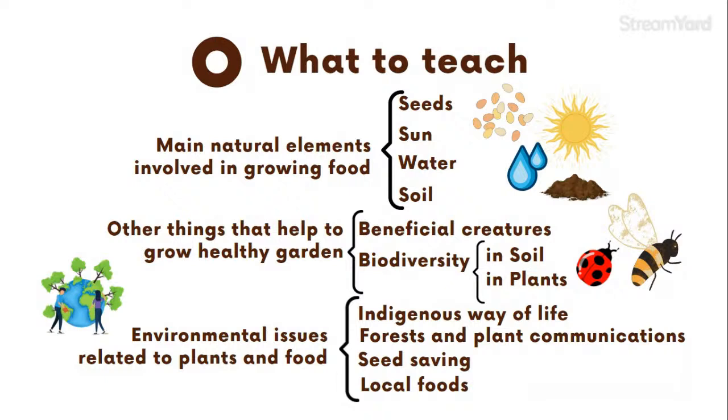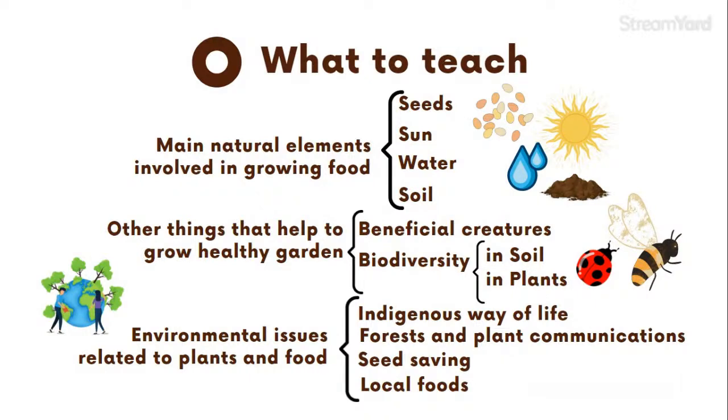And the third category is the environmental issues that are related to planting a food garden. Things like the indigenous ways of life, which are very important and very underrated. Essentially, we do want to teach our students about those. The forests and plant communications. How do plants communicate with each other? That forests are a community.